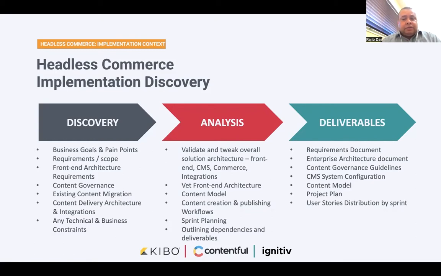If done right, you should end with documented requirements, a documented architecture doc that outlines both the front-end architecture as well as overall integrations, content model for use in the headless CMS, and user stories distributed by sprint. Together, these can be used to create a high-level project plan.